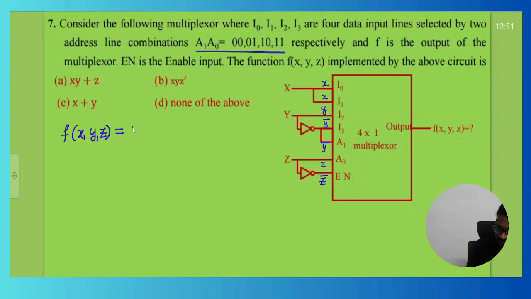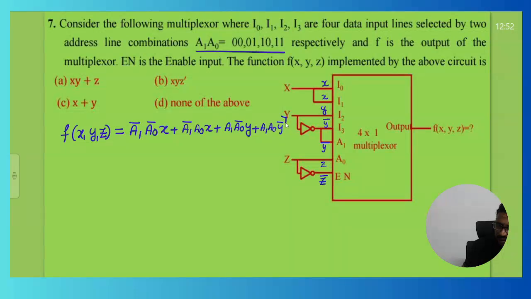So we can say this is A1 bar A0 bar into X plus A1 bar A0 into X plus A1 A0 bar into Y plus A1 A0 into Y bar.